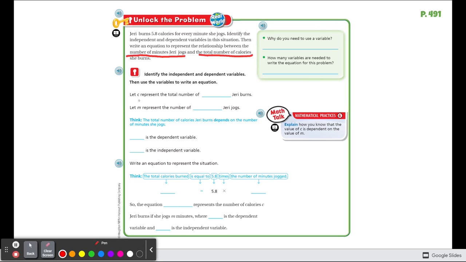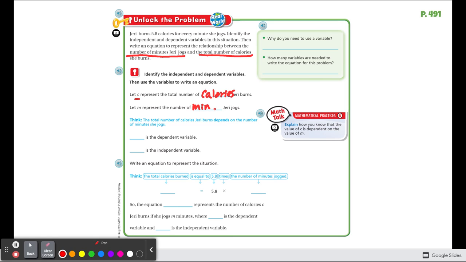So we can let C represent our calories. And we can let M represent the number of minutes that she jogs. The total number of calories depends upon how many minutes that she jogs. So her calories, the more minutes that she runs, the more calories she burns.